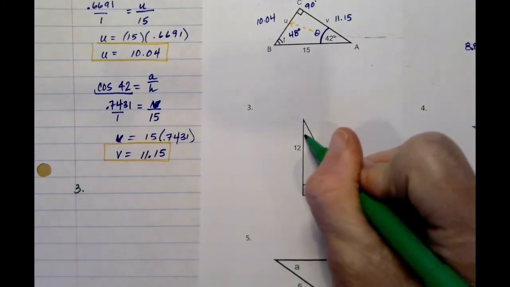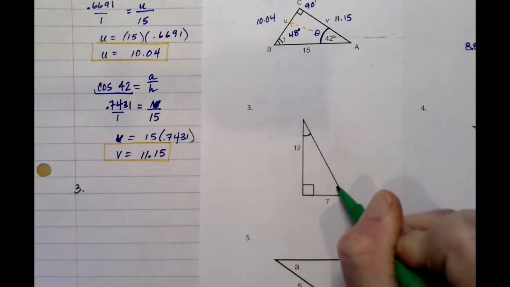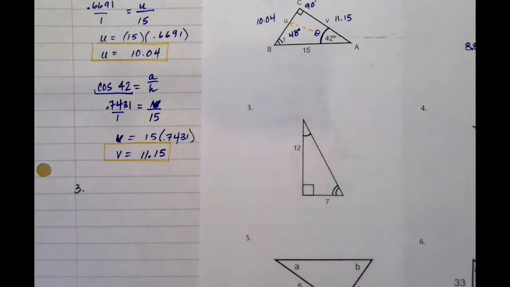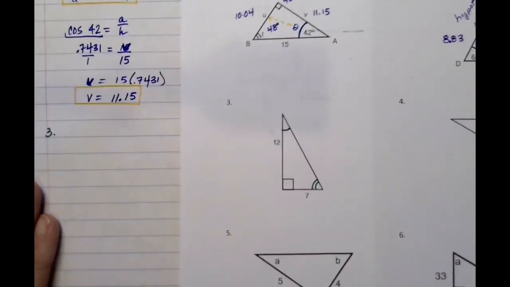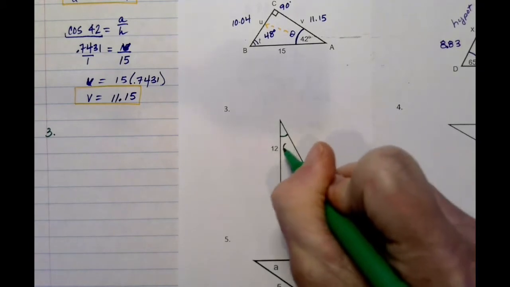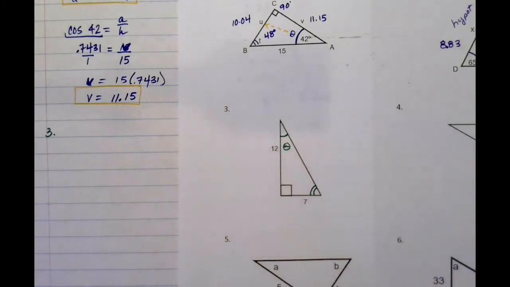So I have to choose one. It's going to be either this one or this one that I mark as my theta. Either way, you're going to get the same answer. It just determines which of the sides are your opposite or adjacent sides. All right, so let's go ahead and let this one be theta. It could be either one, it doesn't matter.